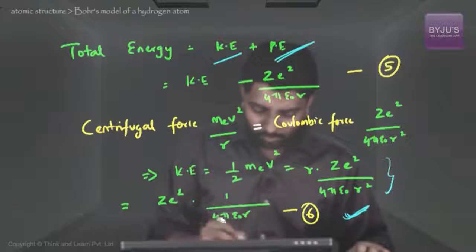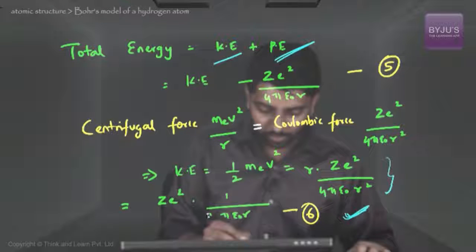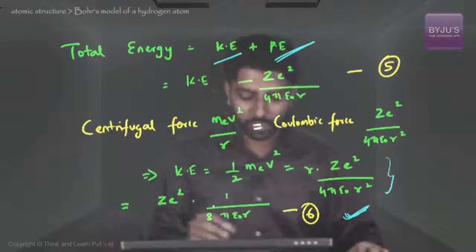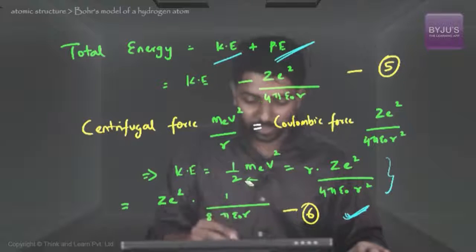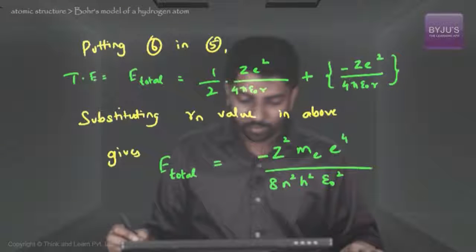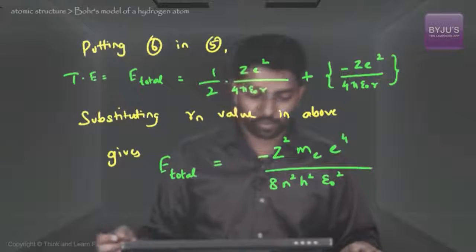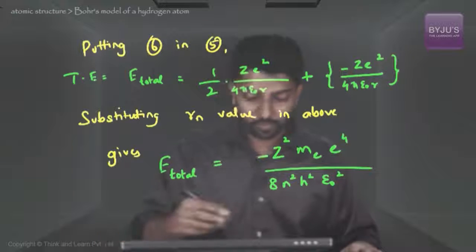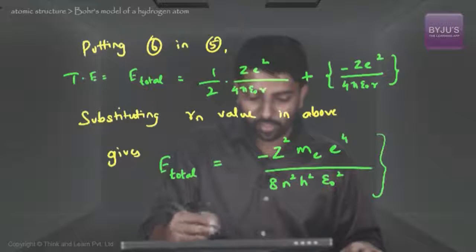There must be a small mistake here. This is going to be 8. Check it out. I missed out the half. This half is what I have missed, but now I have taken that into account. So kinetic energy plus potential energy is what we have, and so we get the E total. So this is the expression for E total.